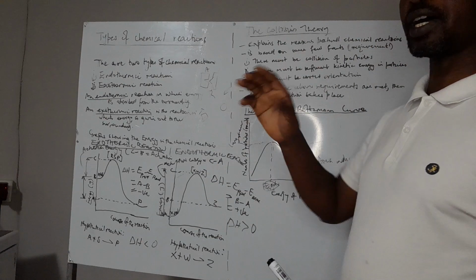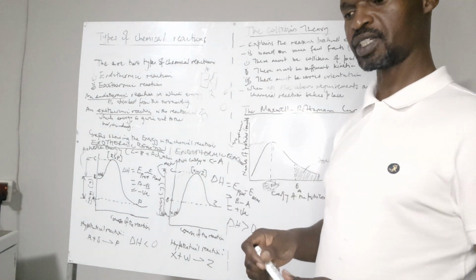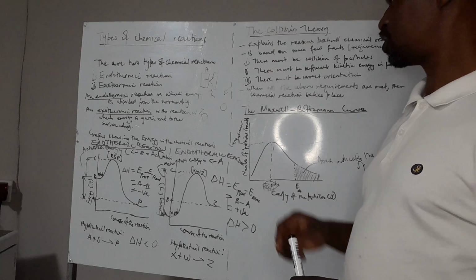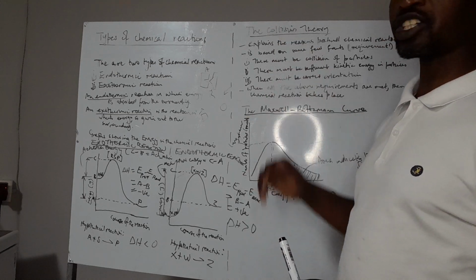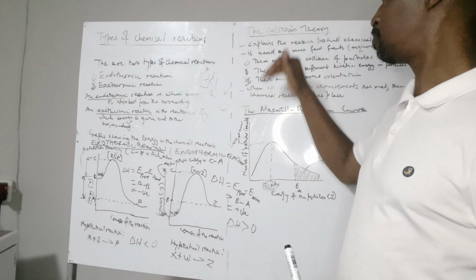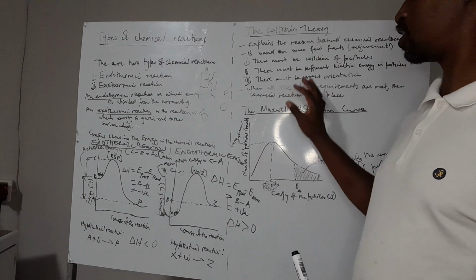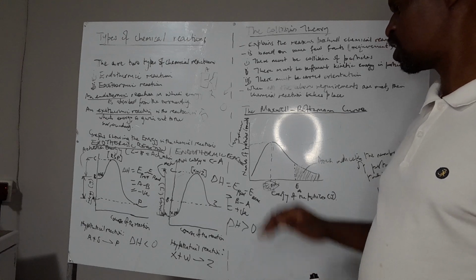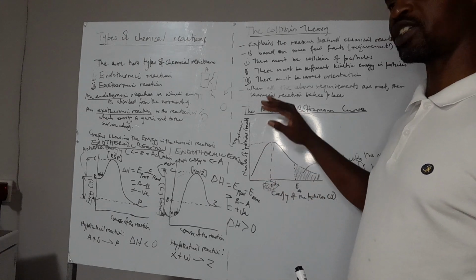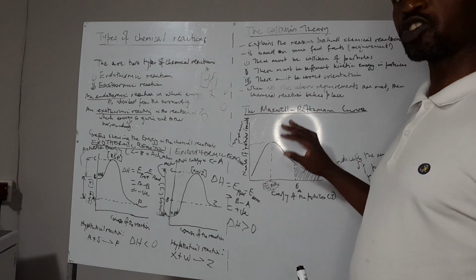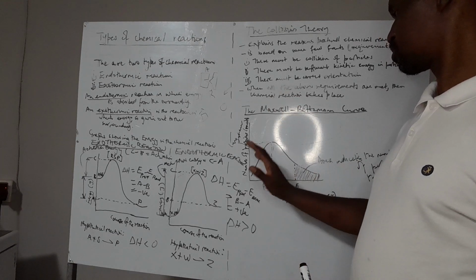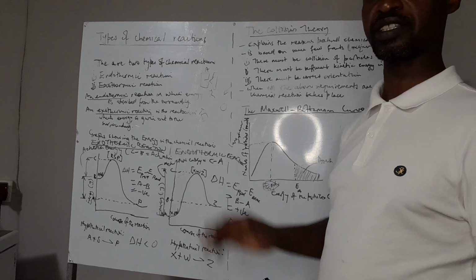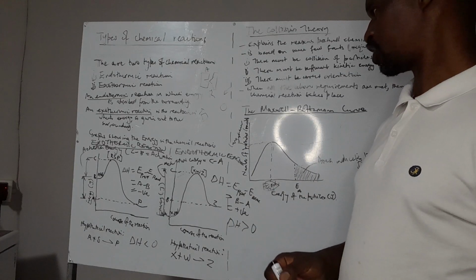Then, before we answer the questions, I would also be touching on the application of the collision theory in the explanations of the rate of chemical reactions, and I'll also be demonstrating how the Maxwell-Boltzmann curve is explained when there is a change in any of the factors that affect the chemical reaction.